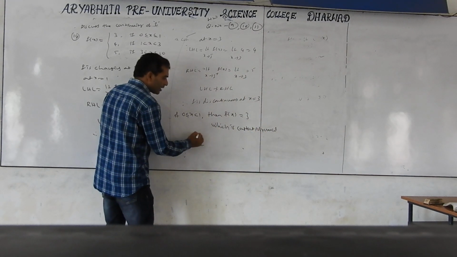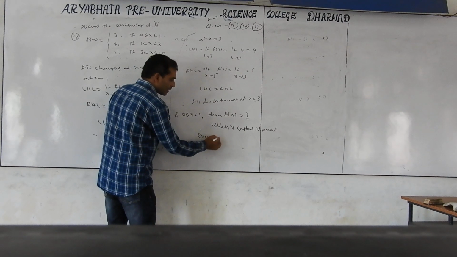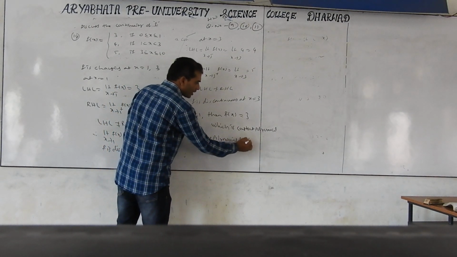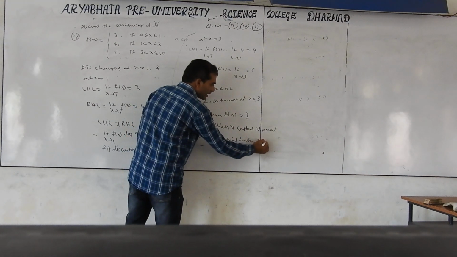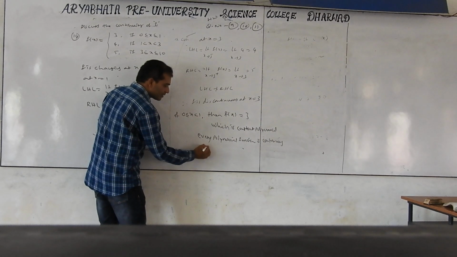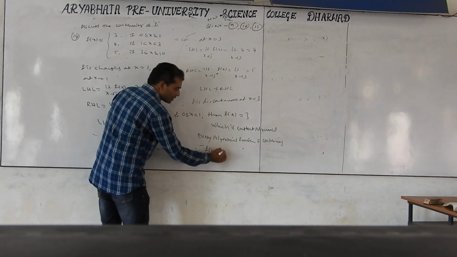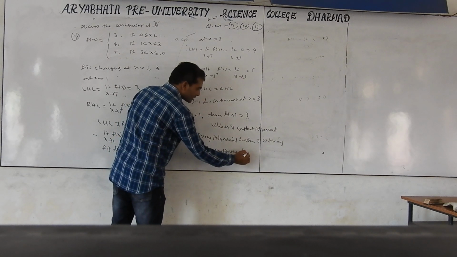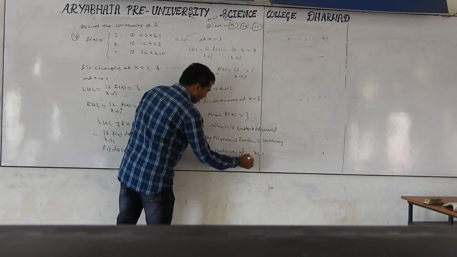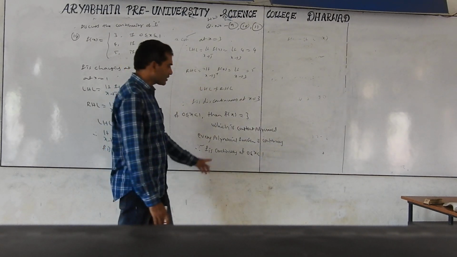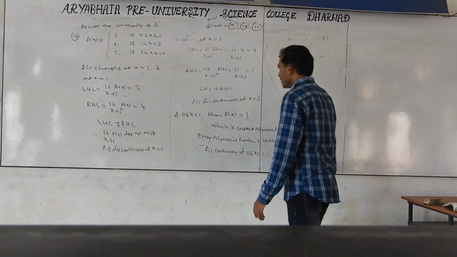Every polynomial function is continuous. Therefore, f is continuous at 0 less than or equal to x less than 1.